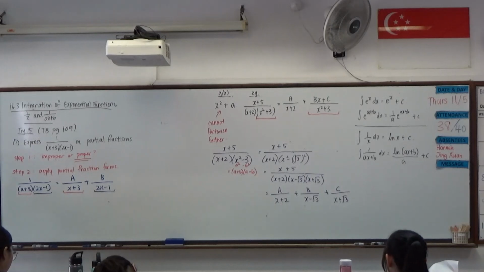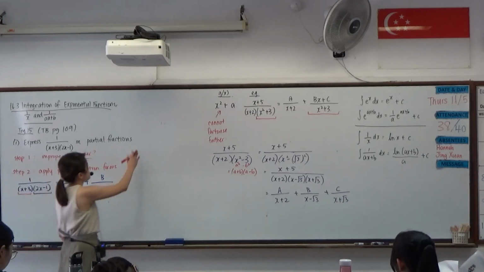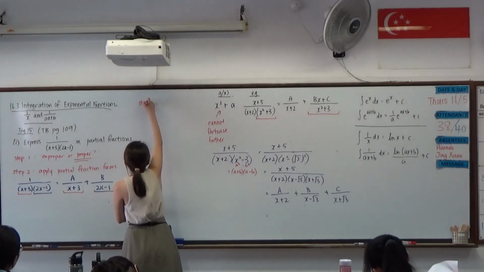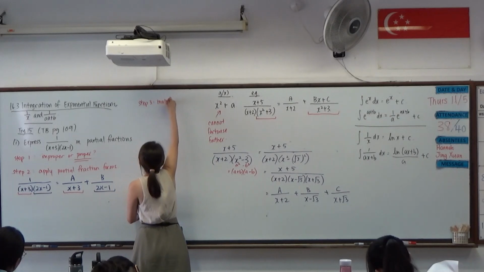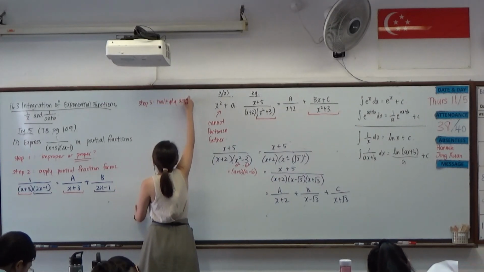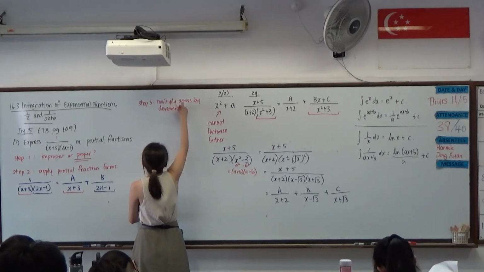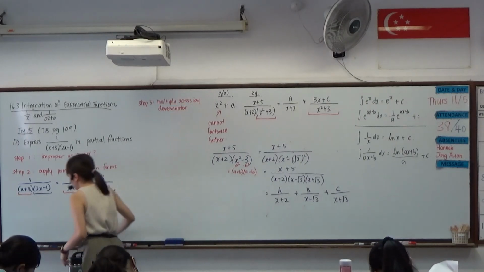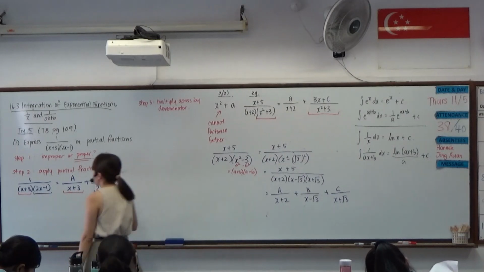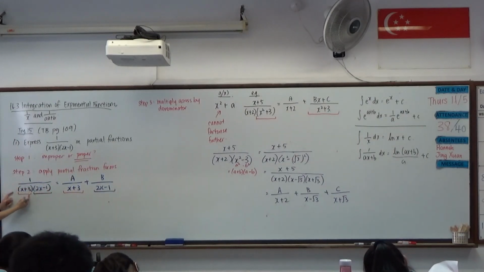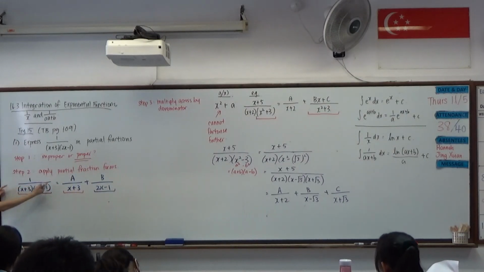Then step 3, we multiply across the entire equation by this denominator. What I mean is that I multiply the left hand side by (x + 3)(2x − 1), so it cancels out.